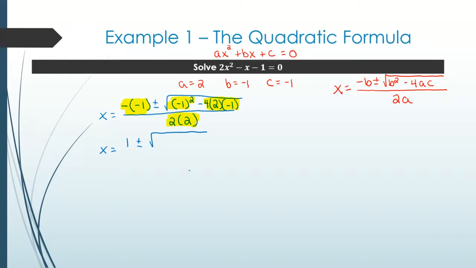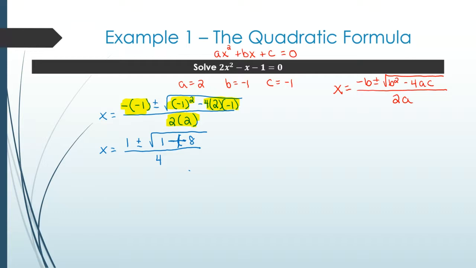So negative 1 squared is a positive 1. So I have a 1 minus, then 4 times 2 is 8, and 8 times negative 1 is negative 8. So that's going to be 1 minus negative 8. And if we're subtracting a negative, that's the same as adding, so you can turn that into 1 plus 8 immediately if you would like. And then the denominator, 2 times 2 is 4.